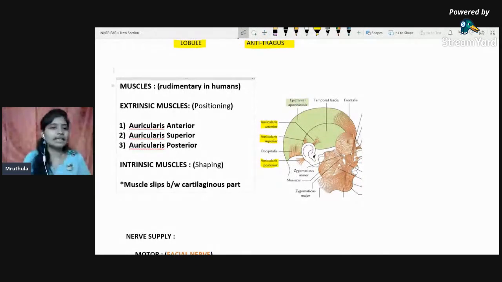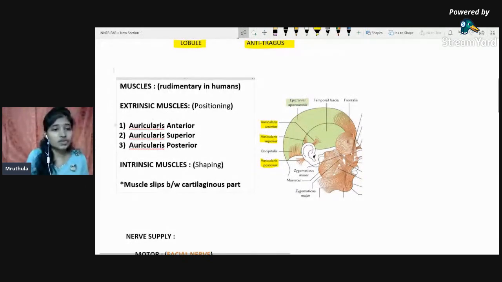We are dividing these muscles into two groups, extrinsic muscles and intrinsic muscles. Extrinsic muscles are not exactly on the pinna or a part of the pinna, but extend from outside. Intrinsic muscles are present within the pinna, which means they are muscular slips between the cartilaginous parts.